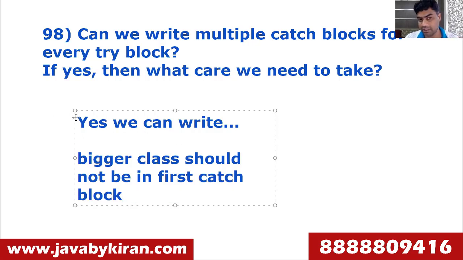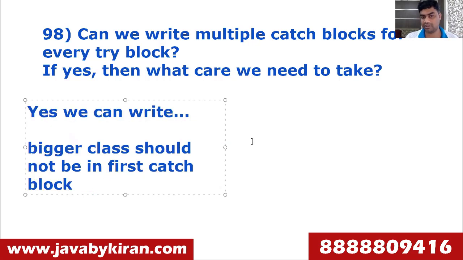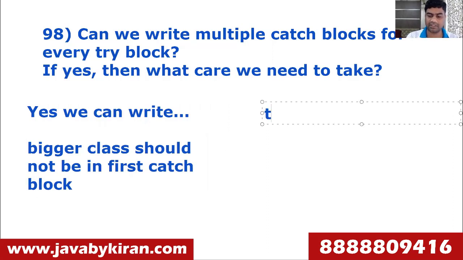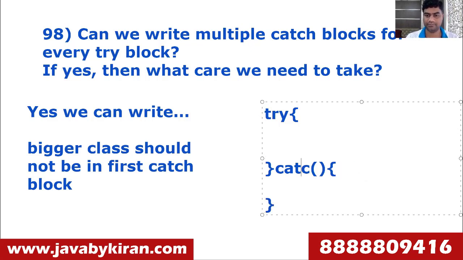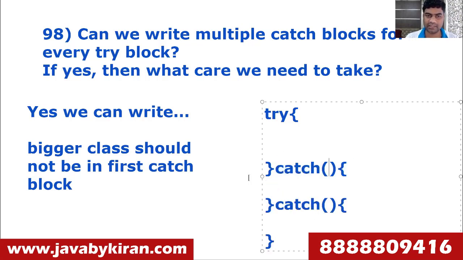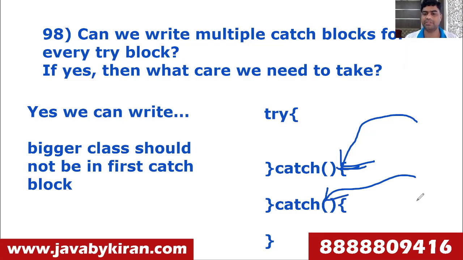If the interviewer is not understanding your statements, don't worry, take some paper and pen and write like this: try, catch. And then tell him, hereby notifying, here you should not write a bigger exception than this. Bigger means superclass.